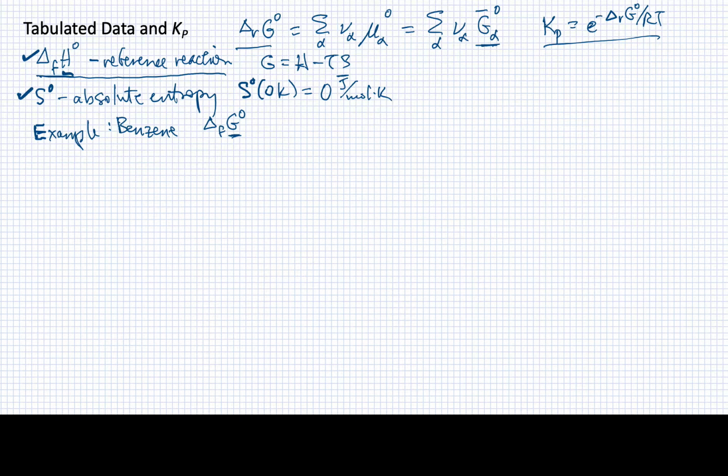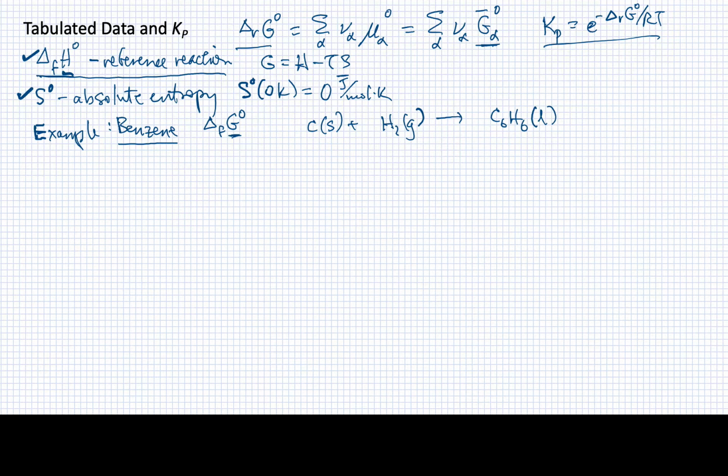Now, a formation reaction for benzene would involve combining carbon and hydrogen gas, the only two elements we find in benzene, to create benzene, which of course is C6H6. Benzene is a liquid under standard conditions, so that is its standard state.